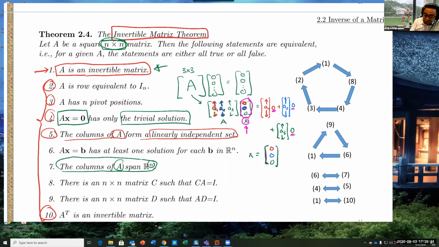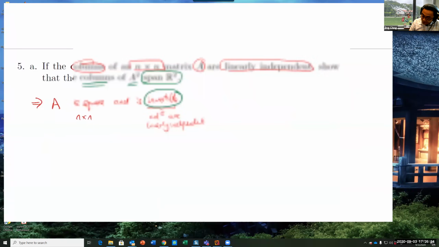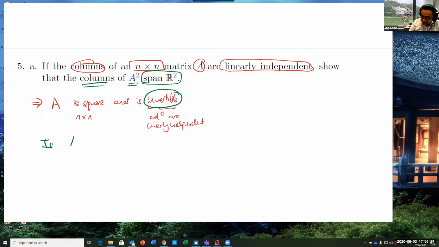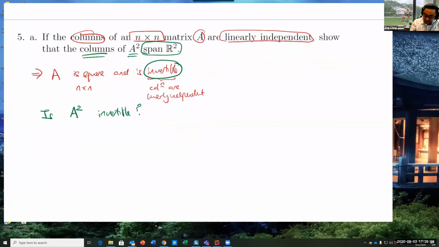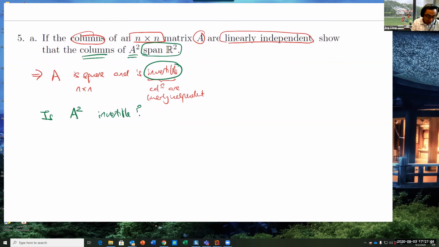So he used a different terminology to ask you, is A squared invertible? It is a very roundabout way, but he's basically asking you to understand all the terminologies associated with invertible matrices. If you want to be direct, he says A is square and invertible, is A squared invertible, finish, right? But he uses show that the columns of A squared span Rn. But of course, if we have to prove, then it's a different story.